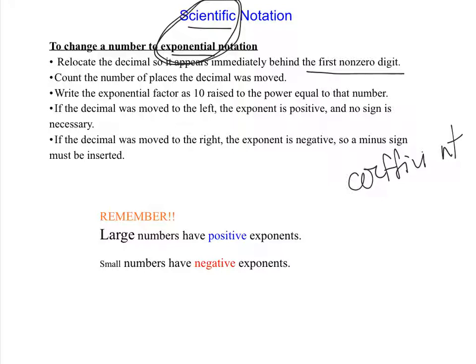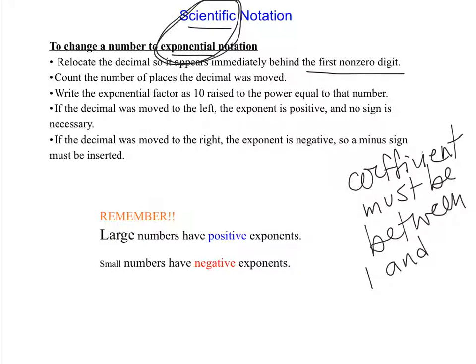The coefficient must be between 1 and less than 10. So you're never going to have 2 digits before your decimal. It's always just going to be 1 digit. And then you can count the number of places that decimal was moved. Really, the easiest thing to think about here is that if it's a really big number, it's going to be a positive exponent. If it's a small number, it's going to be a negative exponent.